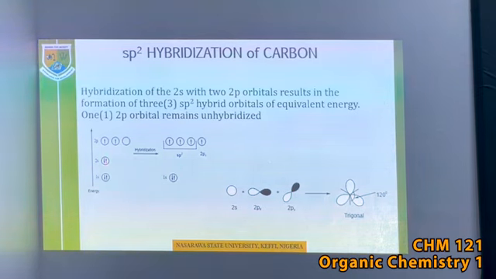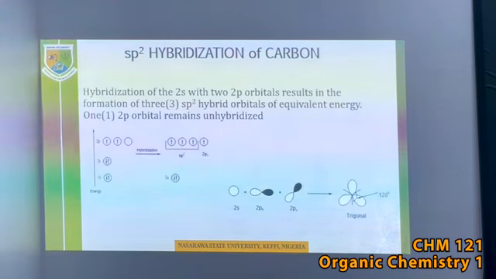So you can imagine that this one is promoted there, but only 3 of those are hybridized to form 3 sp2 hybrid orbitals. And so we have the 2s, and those 3 p orbitals we designate as px, py, and pz. Okay?